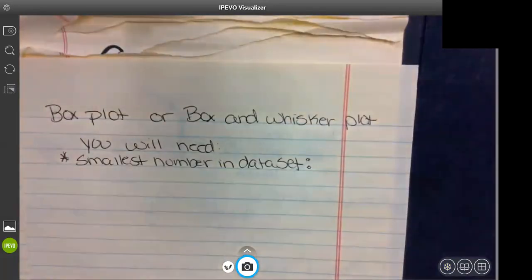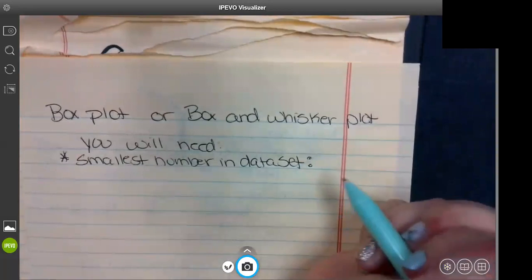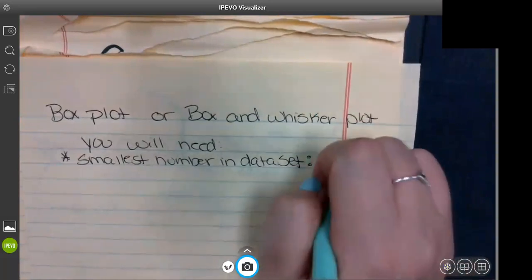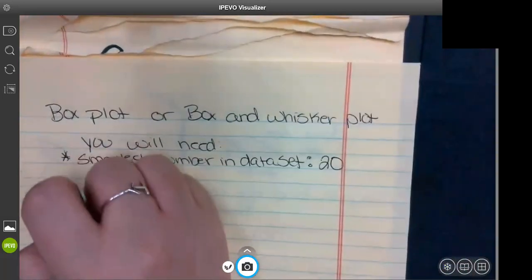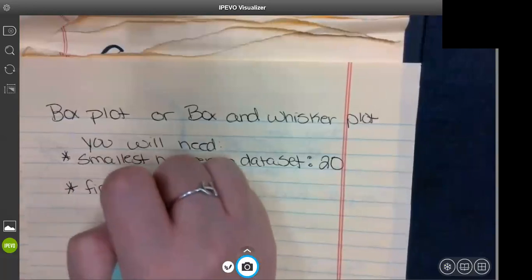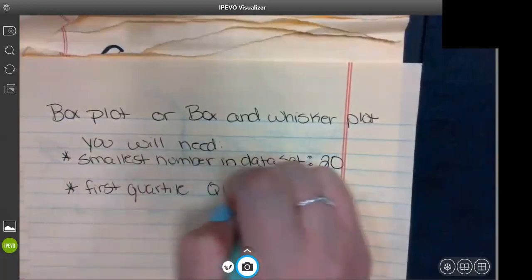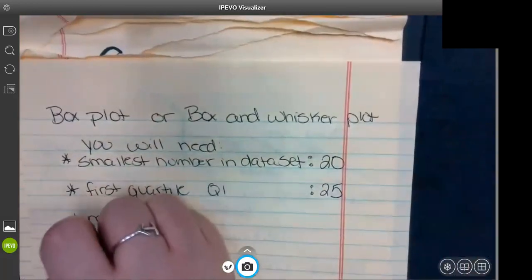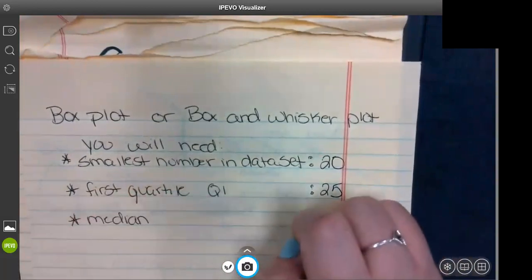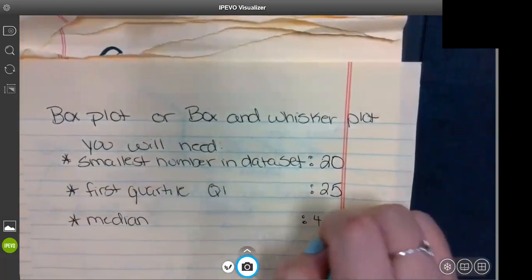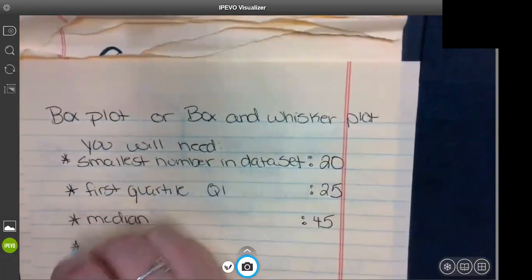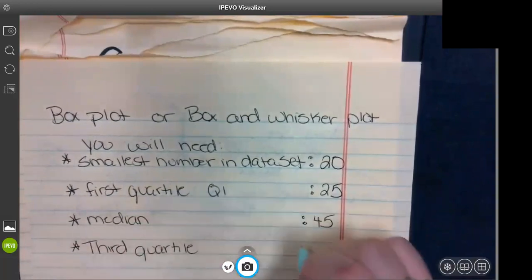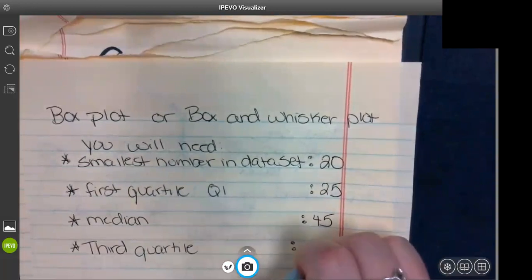So for our box plot or our box and whisker plot, you will need the smallest number in the data set. And the smallest number in the data set from example 2 was 20. You will also need your first quartile, which is Q1, which was 25. You will need your median of the whole set, which we said was 45. You will need your third quartile, which was 75.